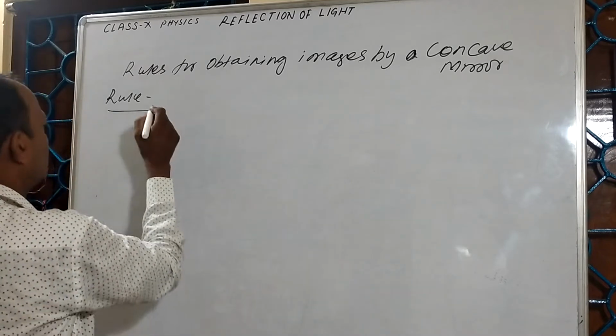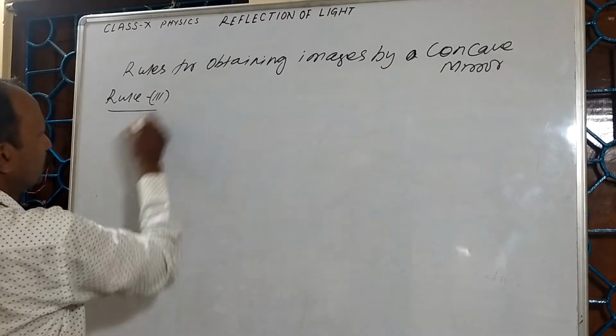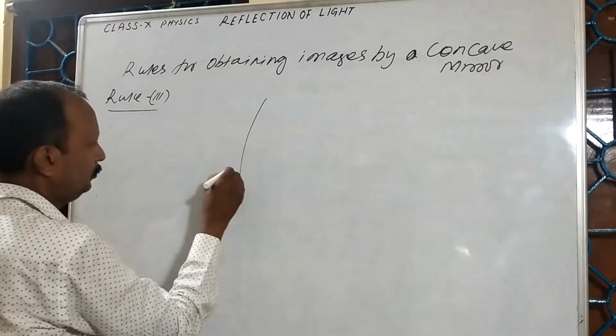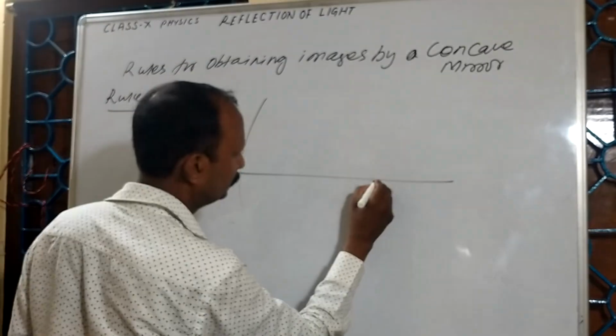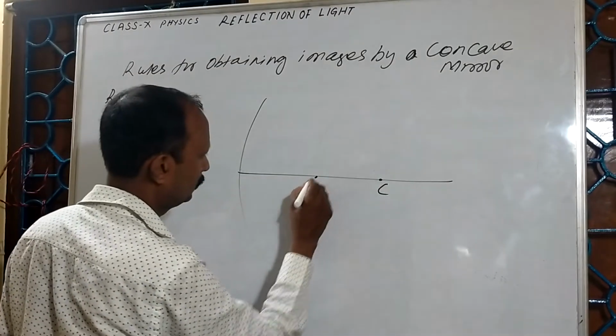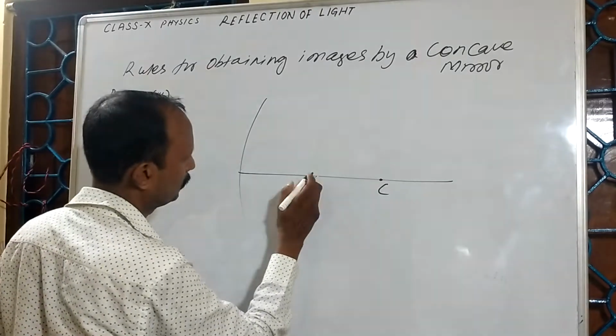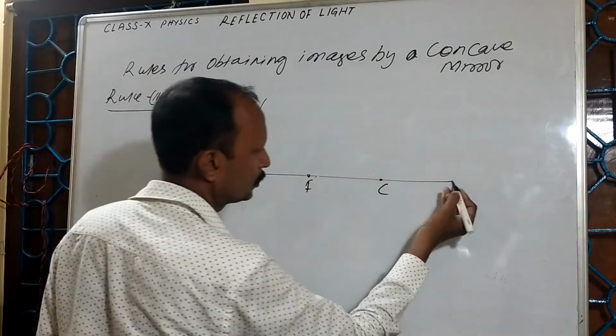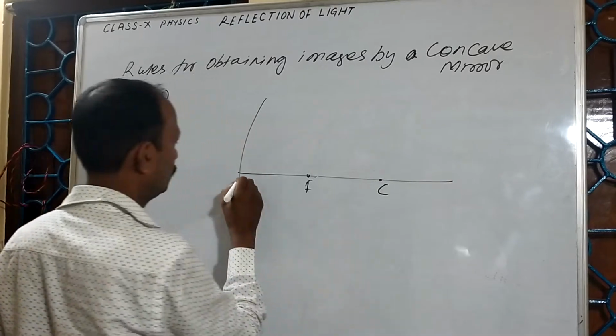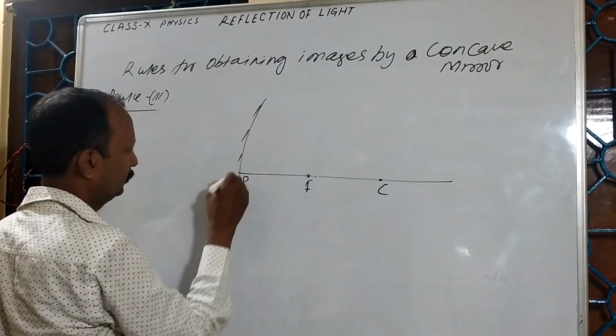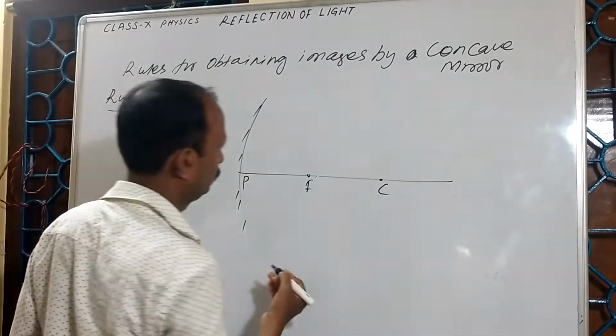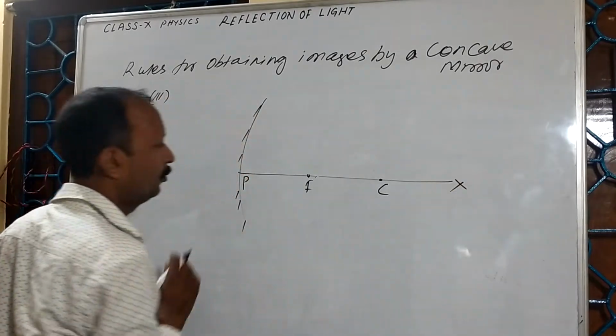Rule number 3. Center of curvature. This is the focus. So this is the pole of the mirror. Concave mirror. Suppose P is the pole.